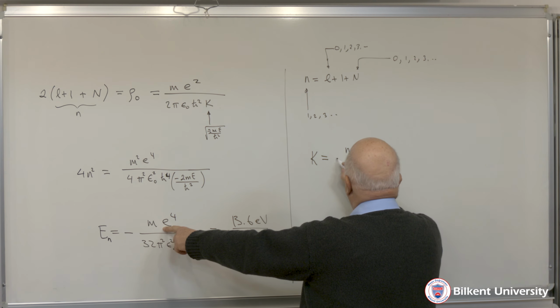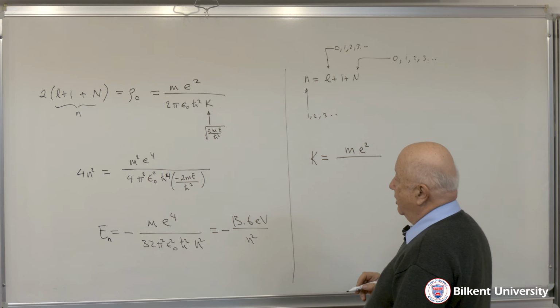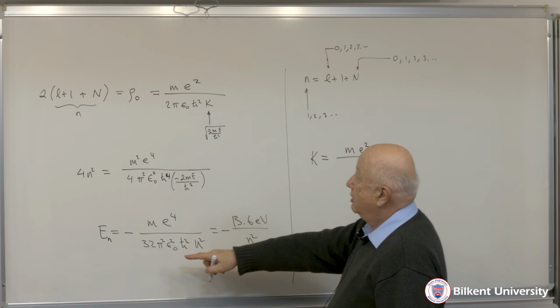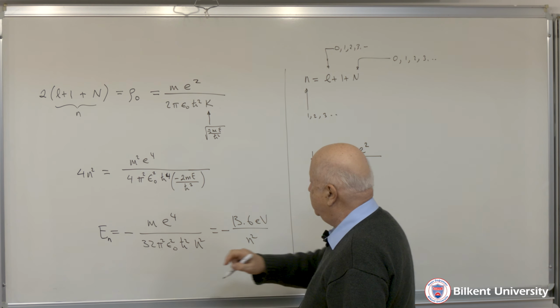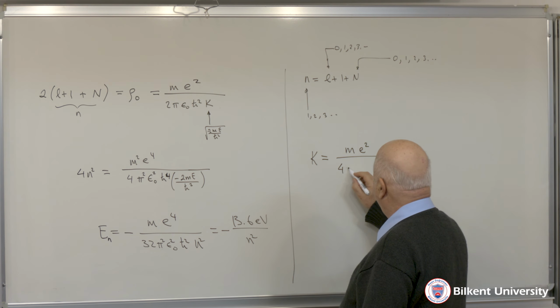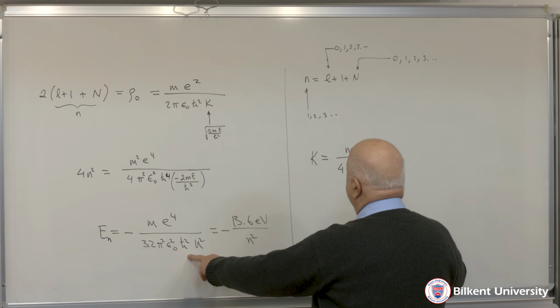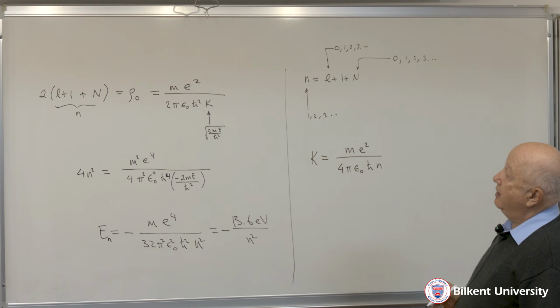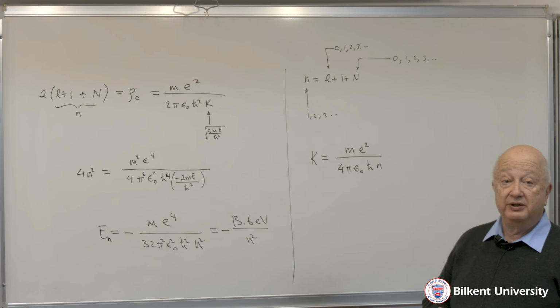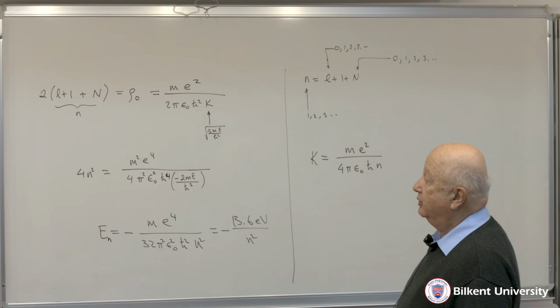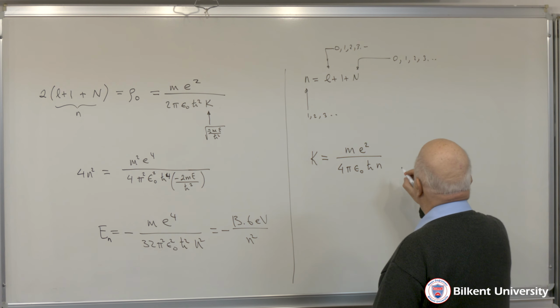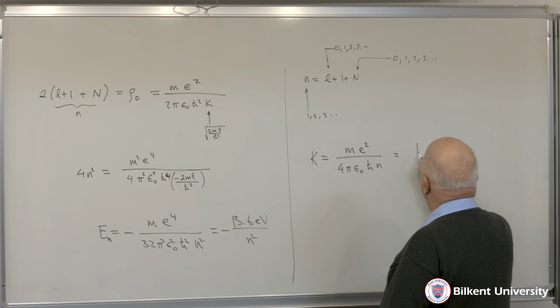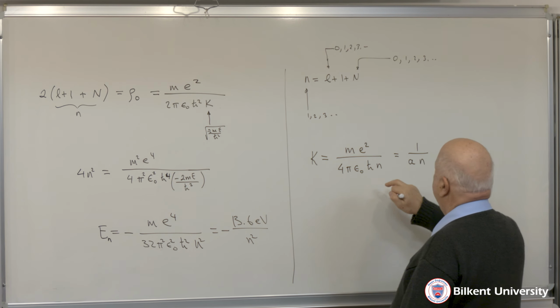Then I have e squared divided by, so multiply by 2, this becomes 16, so now the square root is 4 pi epsilon 0 h bar n. Okay, and k has to have units of 1 over distance, so that kr is unitless. So this is equal to 1 over some distance a times n.